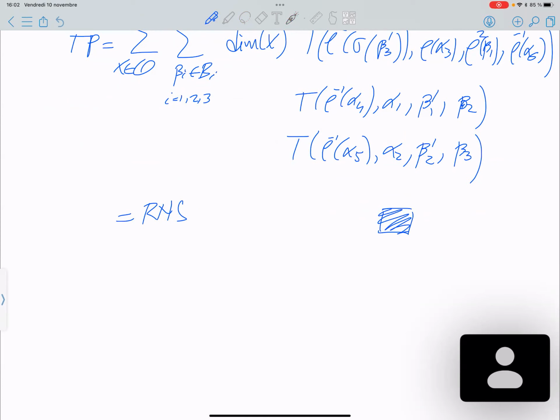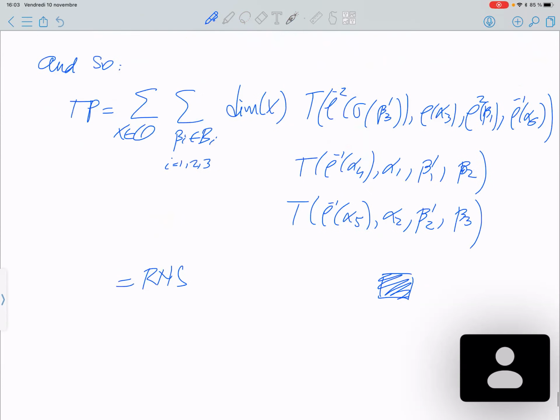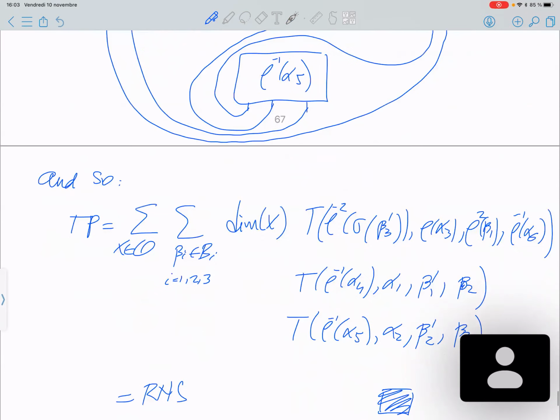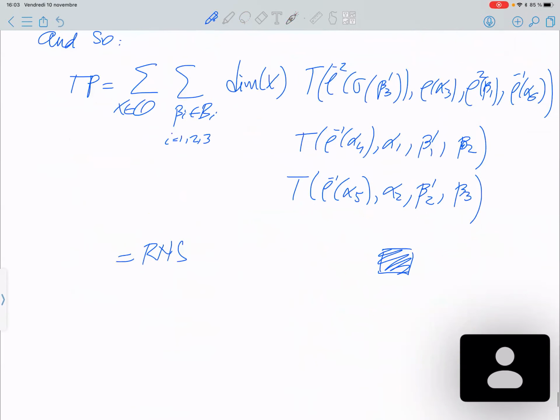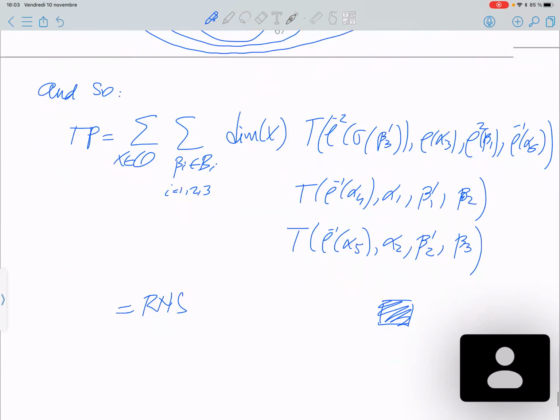So we are done with this first version of the triangular prism equation. We proved the left hand side yesterday, the right hand side today.